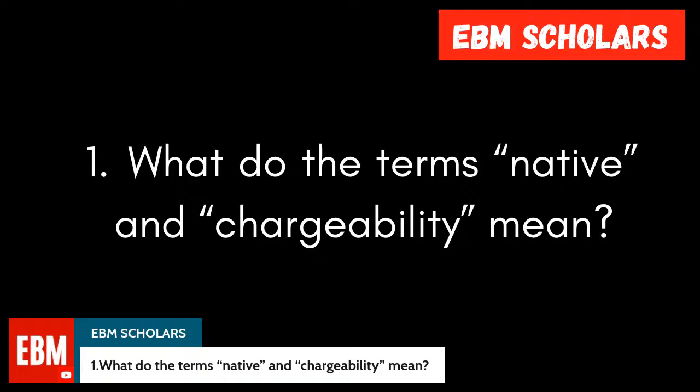When you apply for the diversity visa lottery, the key issue here is eligibility. Are you eligible to apply for the diversity visa lottery? In order to determine that, the number 1 item to look at is the term native. What does the word native mean, and how does that apply to the diversity visa lottery?